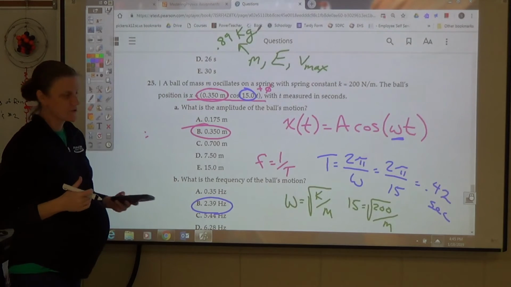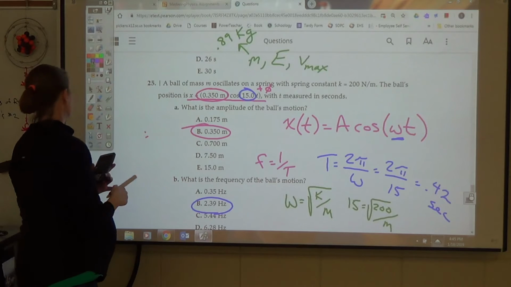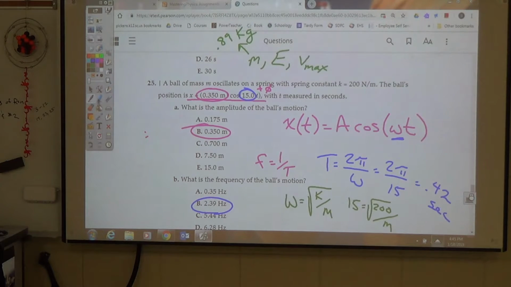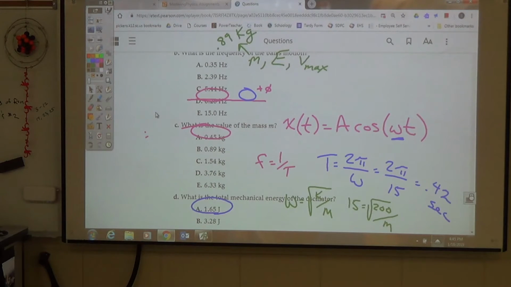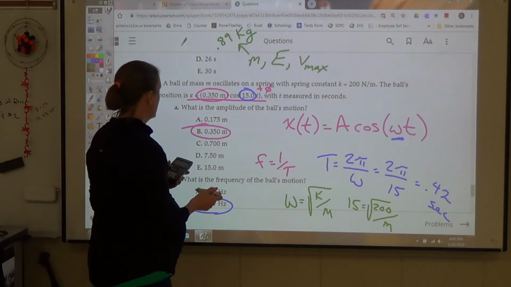Hopefully that was a choice for C. We'll check in a second. Actually, let's just make sure. Yeah. Okay, so 0.89 kilograms is the mass.